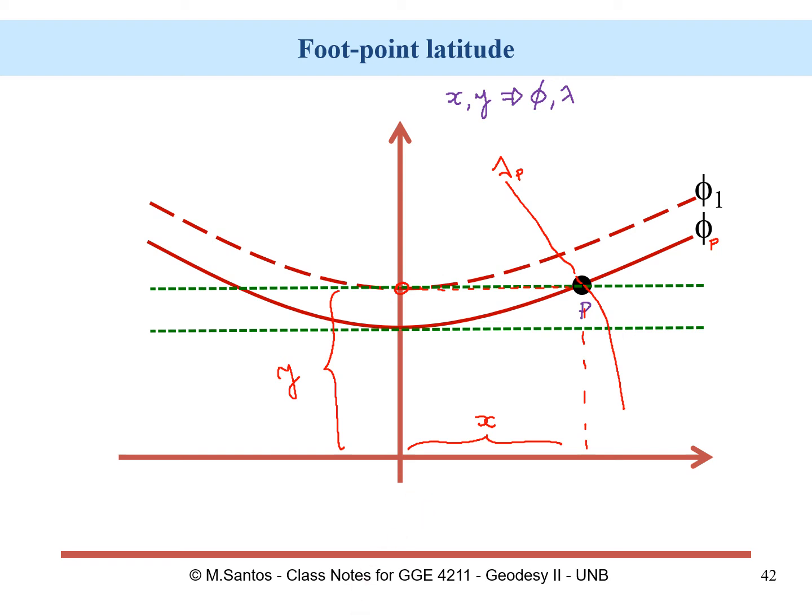This is phi prime. But what we want is the latitude of this guy here. So the whole computation now is going to be computing like a correction for this segment here. Okay, so this is the meaning of the foot point latitude.